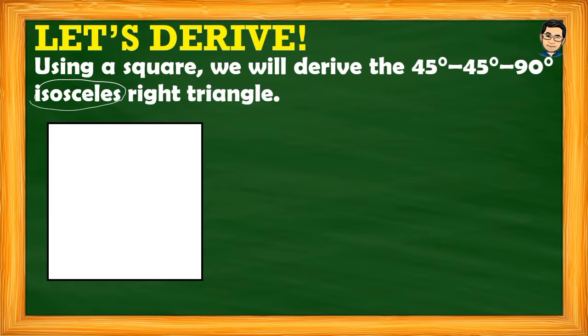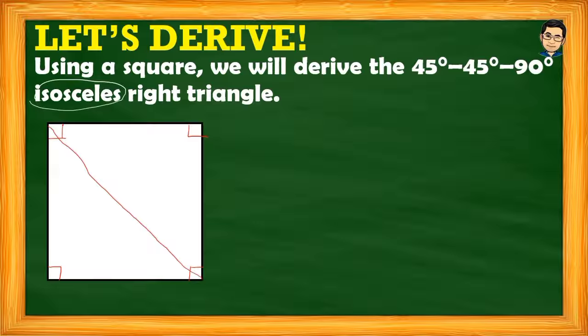So, ito po yung ating square. Okay. Next, ang gagawin po natin dyan, ile-label muna natin yung kanyang mga angle. So, all sides and all angles are equal and congruent. Ayan, and then, para mapakita yung isosceles right triangle, kailangan po nating hatiin yan sa gitna. So, ayan, pasensya na sa ating drawing.